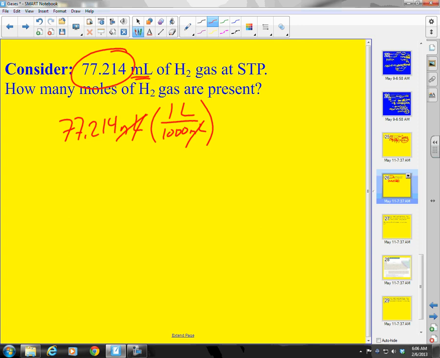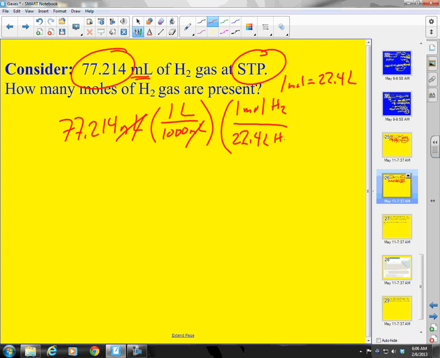Now what do I do? Well, it's at STP. That means I know that 1 mole of this stuff equals 22.4 liters. Okay, so I have 1 mole of my H2 over 22.4 liters of H2. And let's see, do my units cancel? Liters, liters, and I'm left with moles, so I just do the numbers. 77.214 divided by 1,000, divided by 22.4.